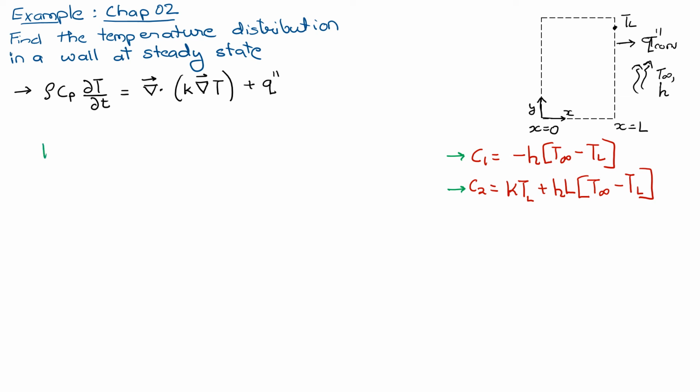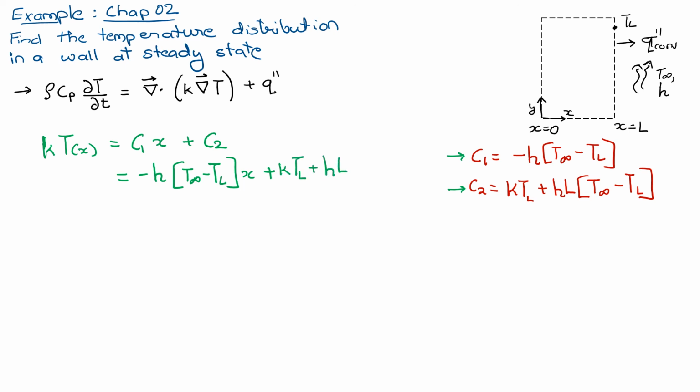The equation that we had for temperature T of x was C1 times x plus C2. So let's substitute C1 and C2 and see what we get.